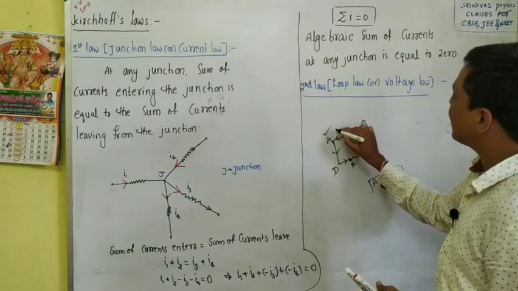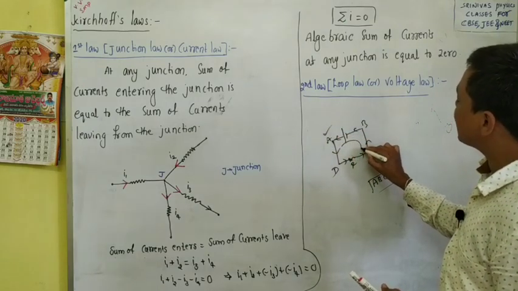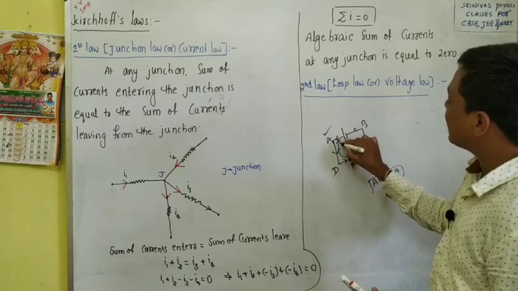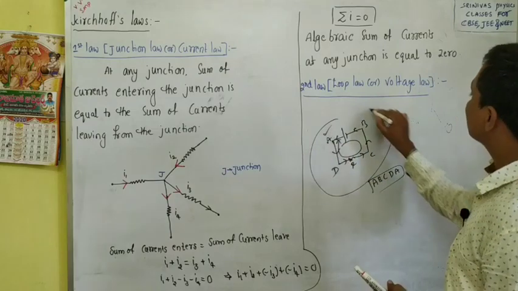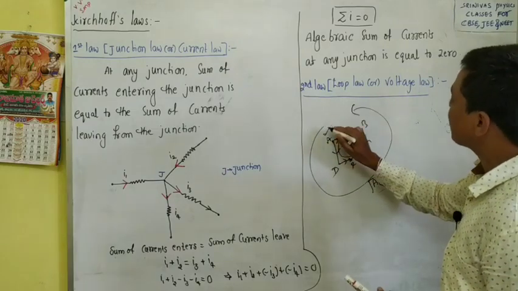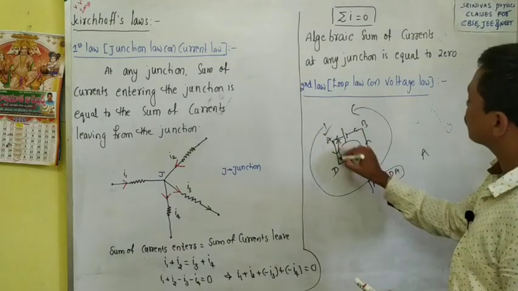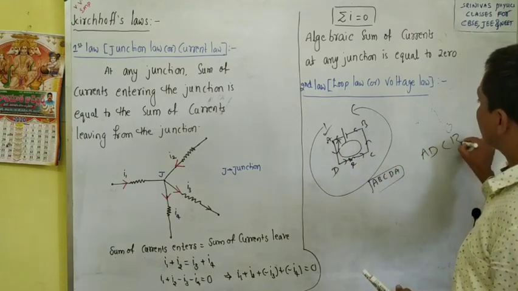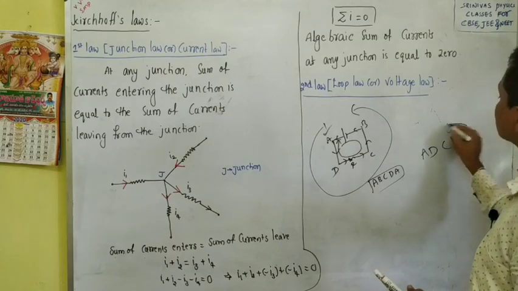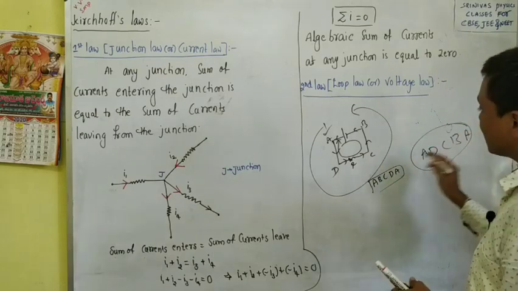You started at A and go towards B, next C, next D, next A. You can also travel the other way: from A to D, next to C, next to B, next to A. Then this is also one loop.